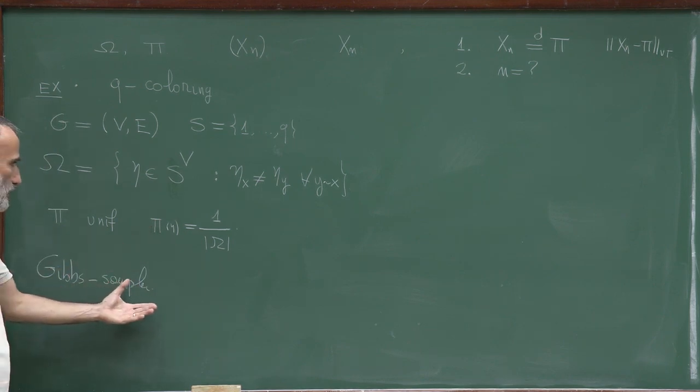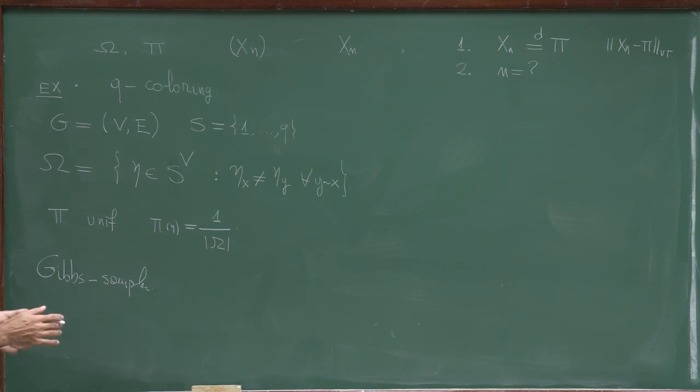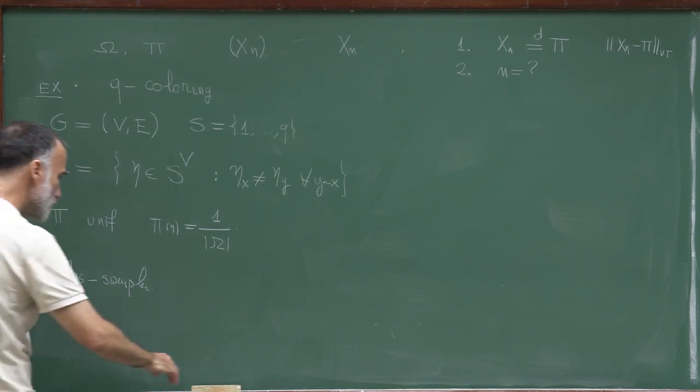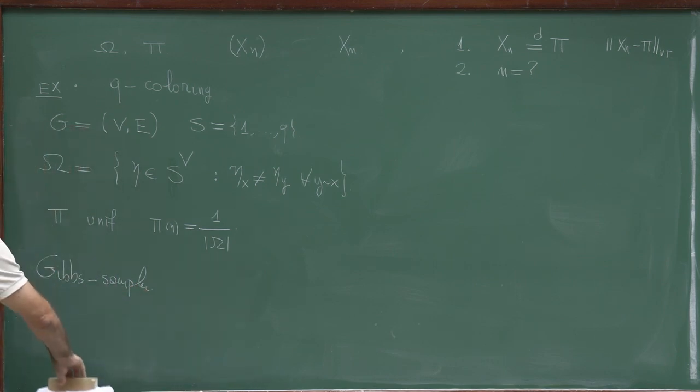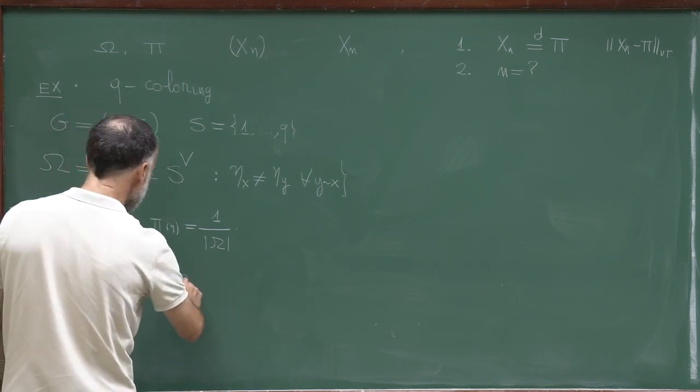We didn't prove that it's irreducible. As I said, it will depend on the number of colors. And what we want to do now is to estimate the mixing time of the Gibbs sampler. Actually, not of the Gibbs sampler, but we will use its cyclic version.